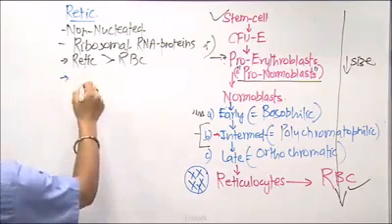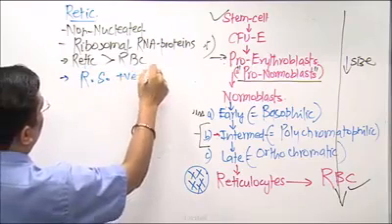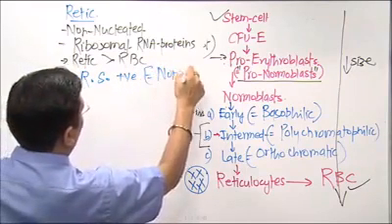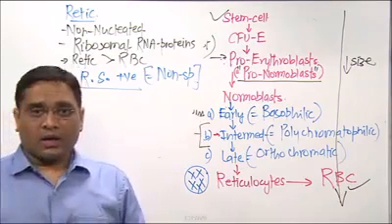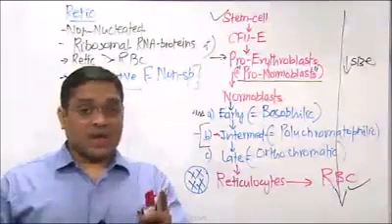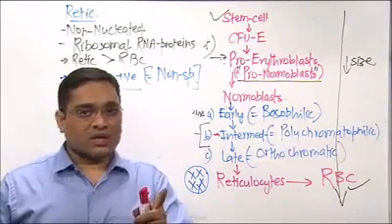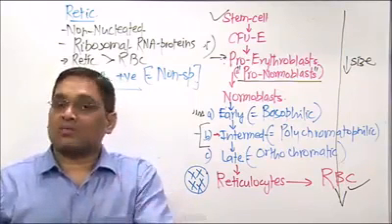So reticulocytes are Romanowski stain positive, but this one is non-specific. So when the examiner says, is it possible to stain with Romanowski, the answer will be yes, possible. But when he asks, is it specific, then you will say no, it is not specific. Then the examiner will ask his next question, then what is specific?